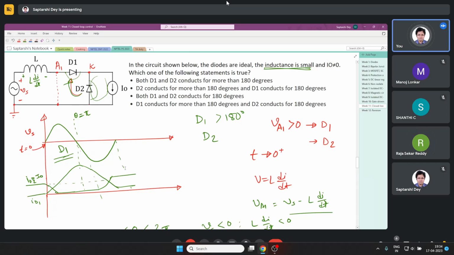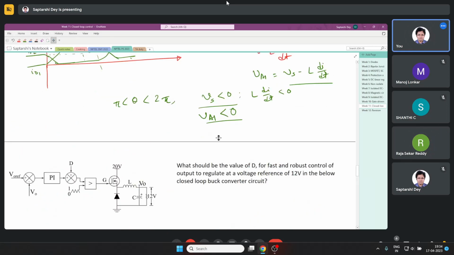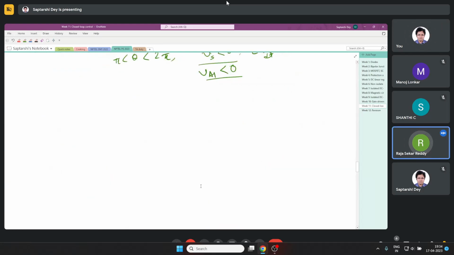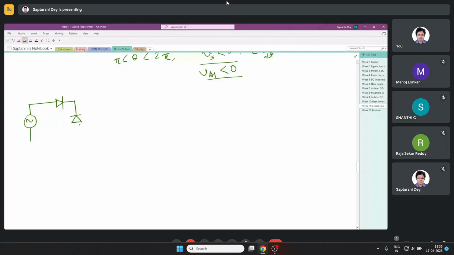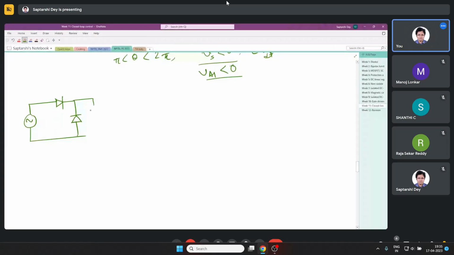Let me try to answer this in this fashion. Let us see if we can do this in this way. Suppose there is no inductor at first, okay? For the time being, let us say there is no inductor. Let me not draw the diode also initially.